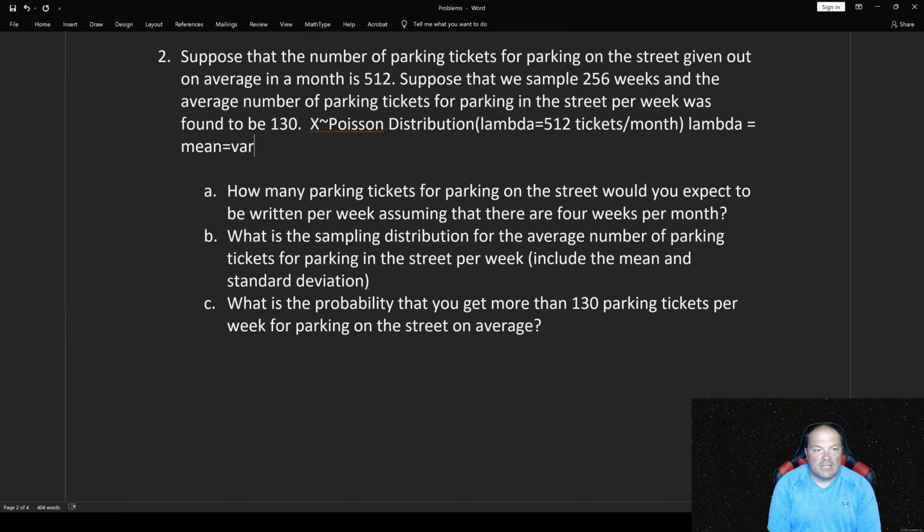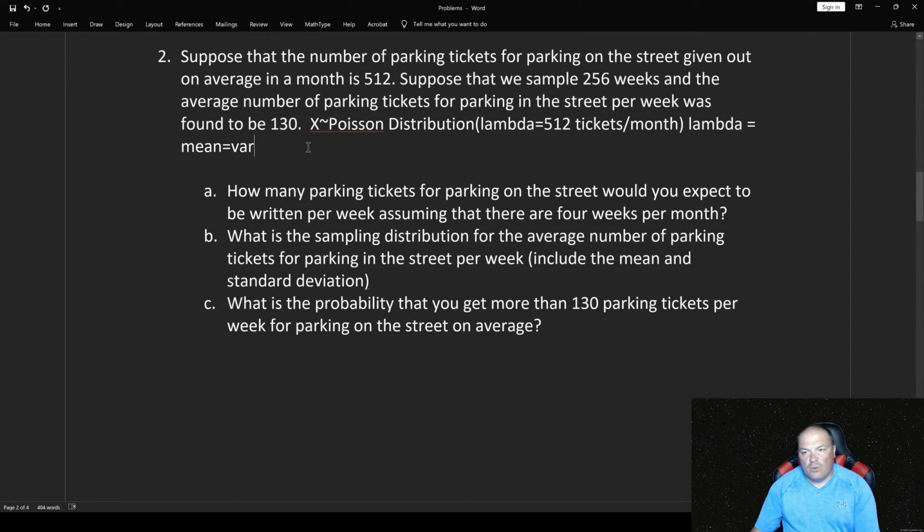Now let's go down to the questions. The first question basically says, how many parking tickets for parking on the street would you expect to be written per week, assuming that there are 4 weeks per month? So all this really is doing is having you get the true mean, which is 512, in the right units.